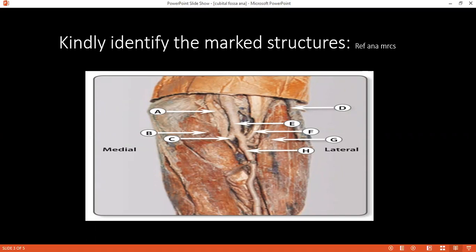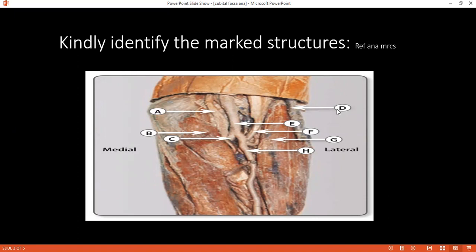Can you identify the structures from A to F? What is A, please? This is the median nerve. B is the pronator teres muscle. C is the ulnar artery.